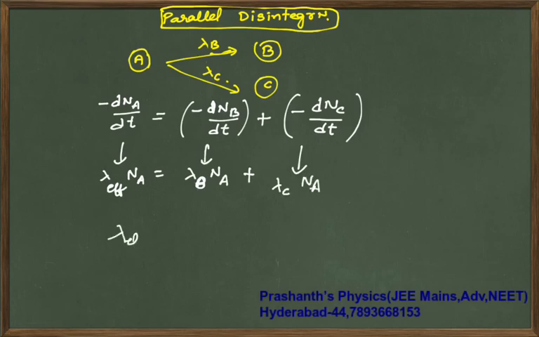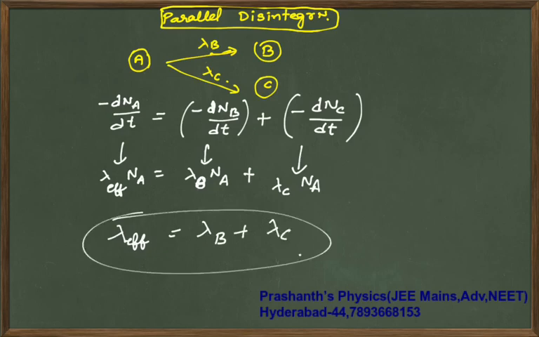So your lambda effective is lambda B plus lambda C. Based on this you are supposed to do some basic questions. Don't worry, I will give you questions. I hope you have understood this logic. So this is your effective constant.